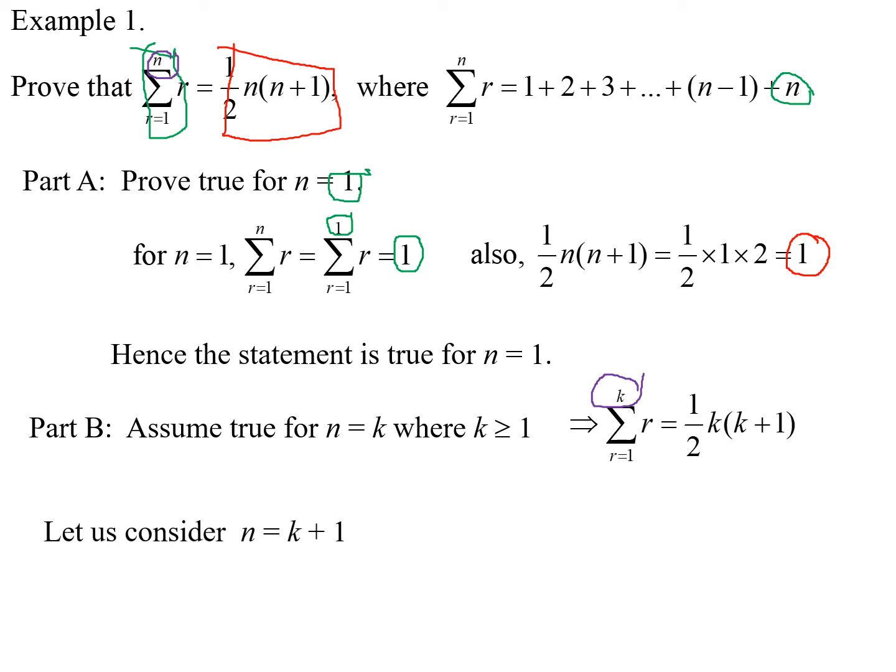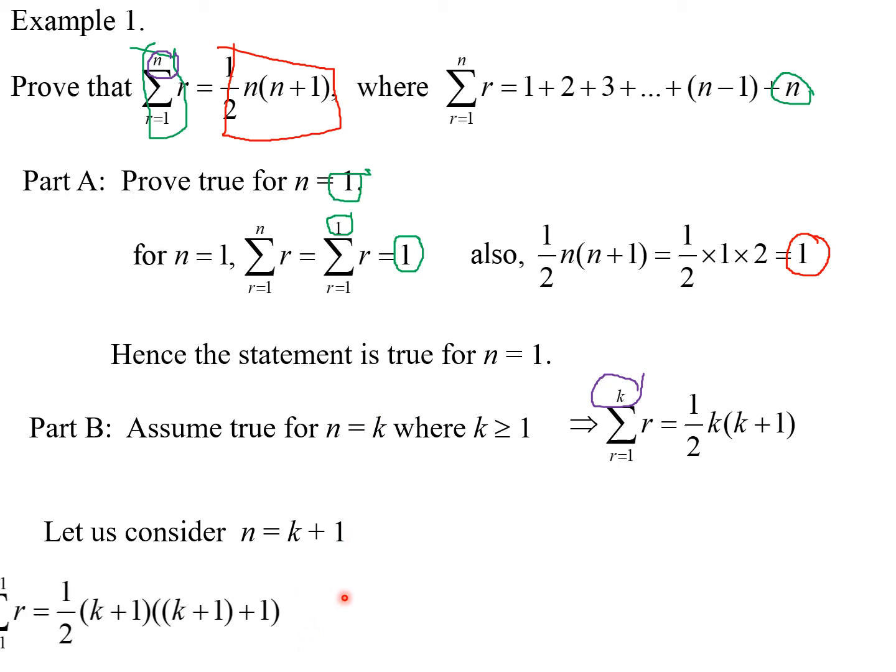For part C, we will consider n as k plus 1. We have considered n equals to 1, and n equals to k. Now we need to consider n equals to k plus 1, the successive value.